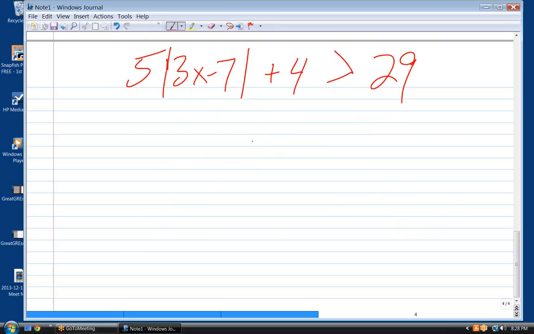So, first thing we need to do is try to isolate our 3x minus 7 in the absolute value sign. So what can I do? Distribute 5. No. That's dangerous. How about we subtract 4 from both sides for the moment?